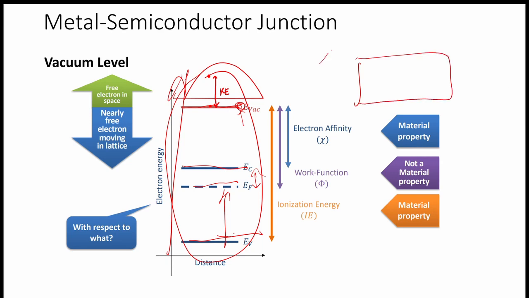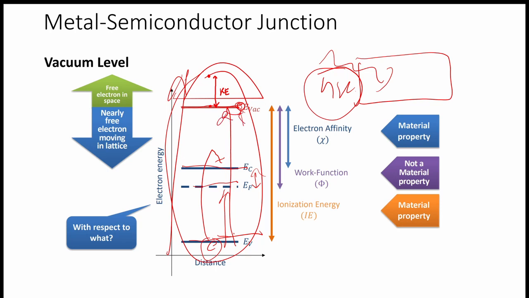When we shine light of energy h nu on the semiconductor, the electron from the valence band gets excited to the conduction band. What if the energy that we are giving, this h nu, is much more, so that it can go exactly to the vacuum level?